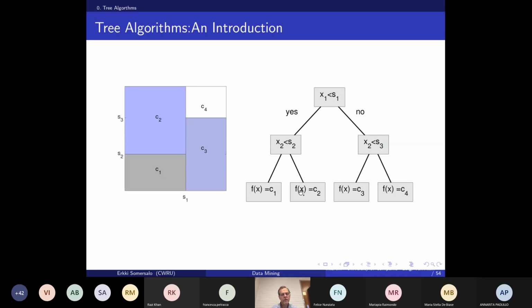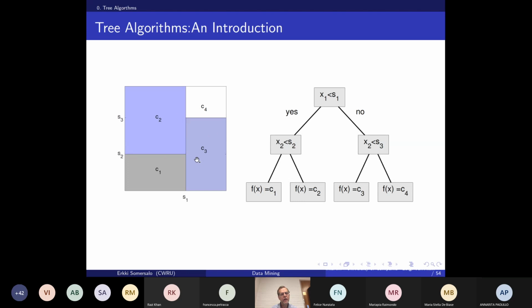Whereas if the answer to the second question is no, then you decide that the answer is C2. Similarly, if the patient answered no to the first question, now you ask another question, using another value for X2, asking if X2 is smaller than S3. If it is, then you give value C3 for the patient, and otherwise you give the value C4.